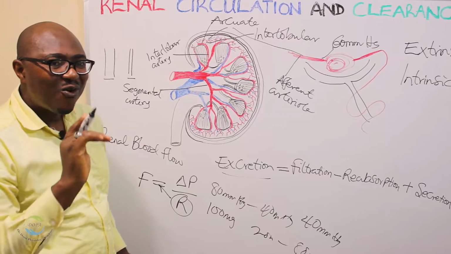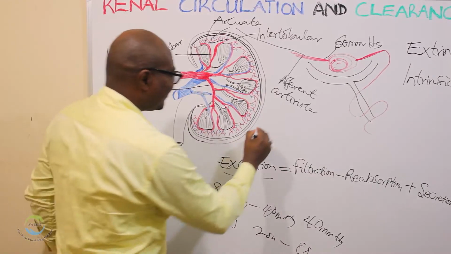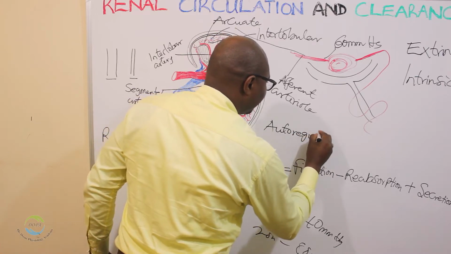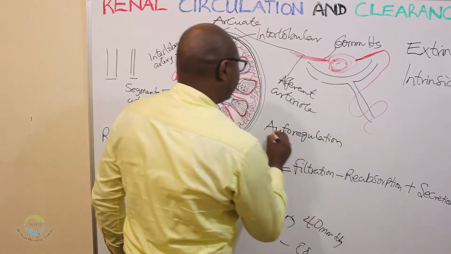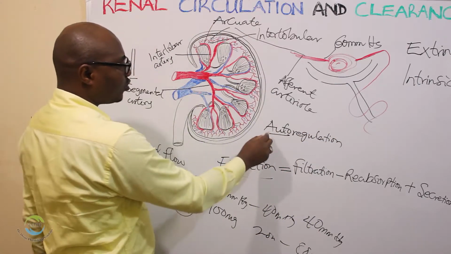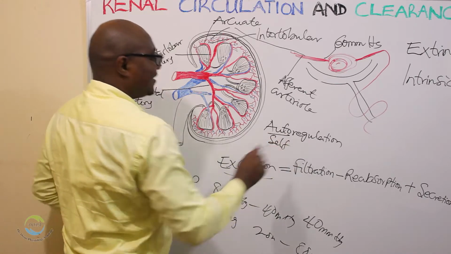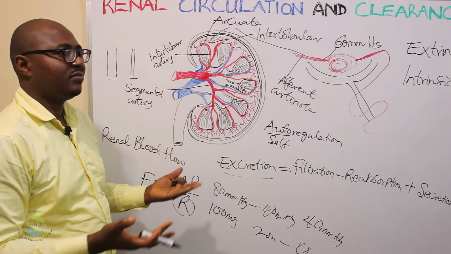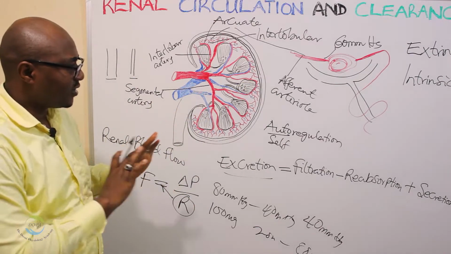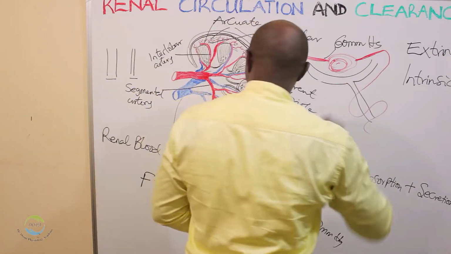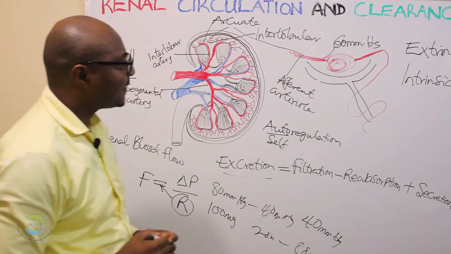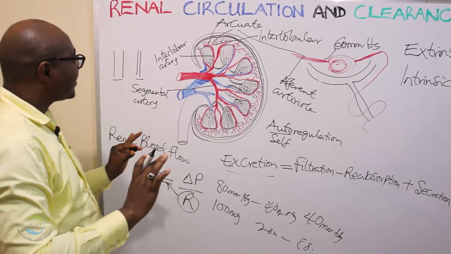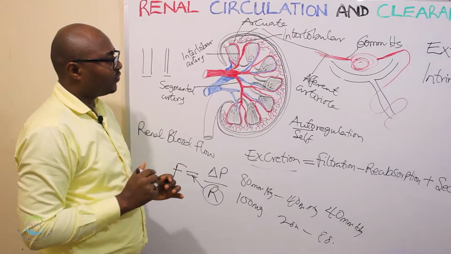You call it autoregulation. Whenever we talk about auto, it means self-regulation. Automatic means controlling itself. So let's start with the extrinsic factors that regulate and control renal blood flow.